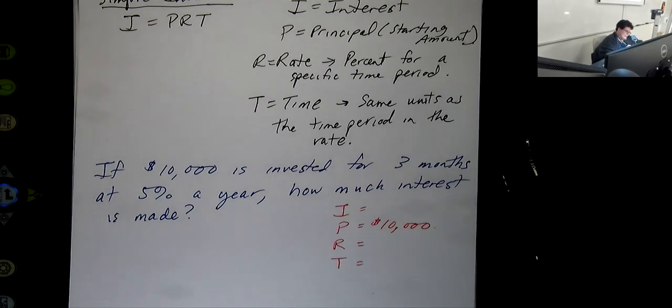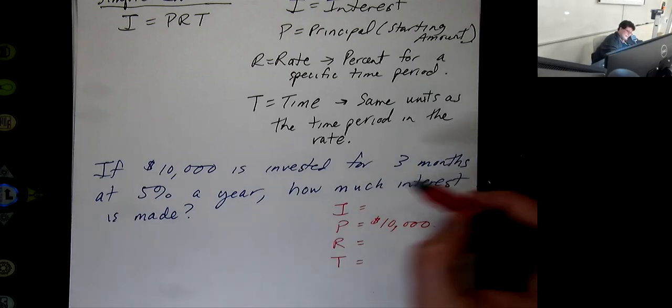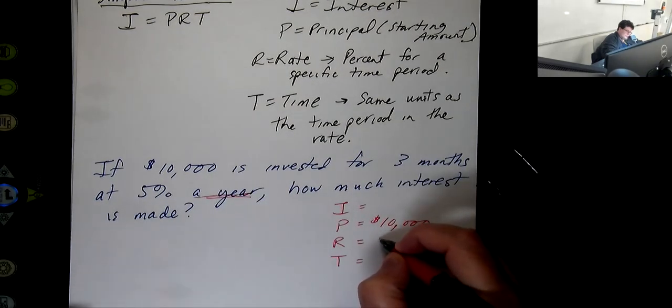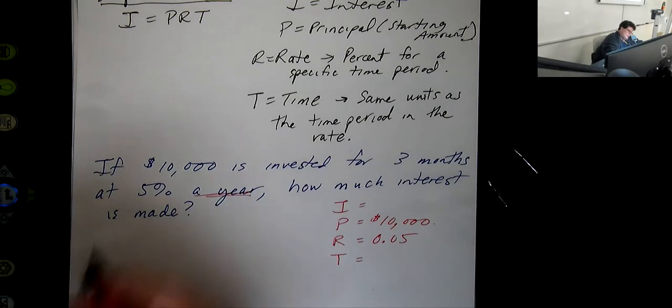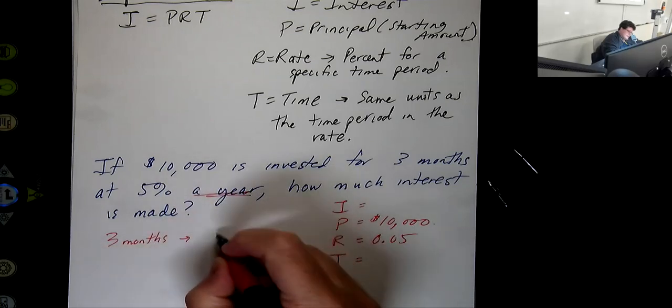We don't want to change the rate, because we don't know if the bank changes the rate. So we're going to keep the rate locked in as a yearly rate. The rate is 5% or 0.05. Which means we want the 3 months in terms of a year.